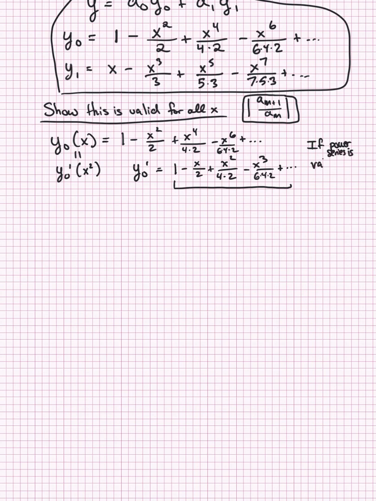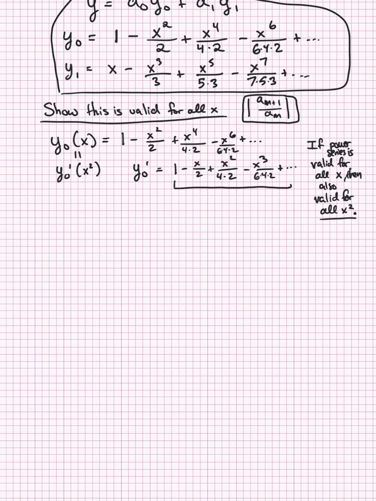And now, it's true that if a power series is valid for all x, then it's also valid for all x squared. So where all the terms are even, or in general where you're jumping up by the same multiple every time, you can view that as plugging some power of x into a different power series.